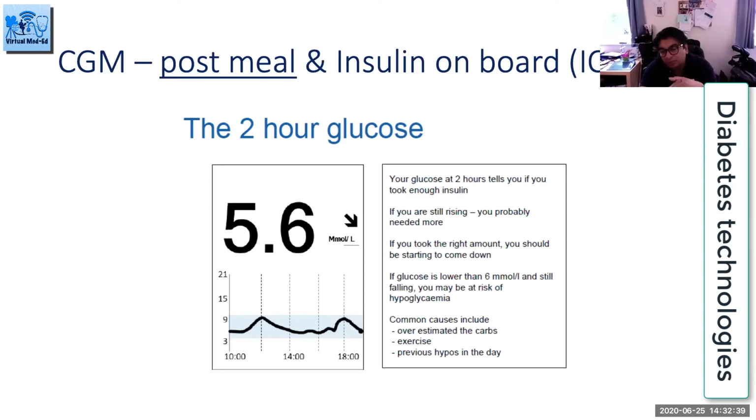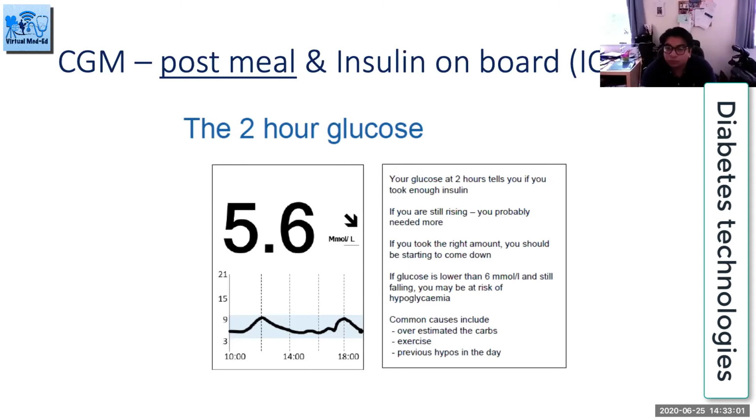What I would normally say is if it's pointing downwards diagonally, or one arrow, then I'll probably give somewhere around 5 grams of quick-acting carbohydrate. So that might be 1 jelly baby. But if the arrow is pointing vertically down, or double arrow in some of the systems, then I would probably give 10 grams of quick-acting carbohydrate, in the form of probably 2 jelly babies.